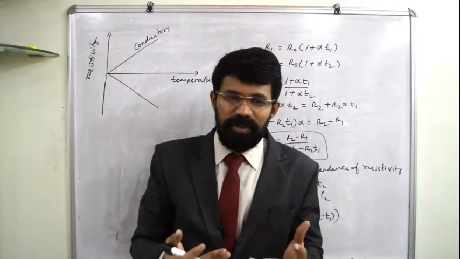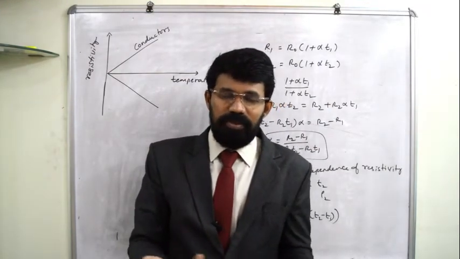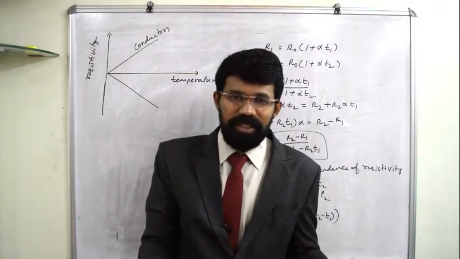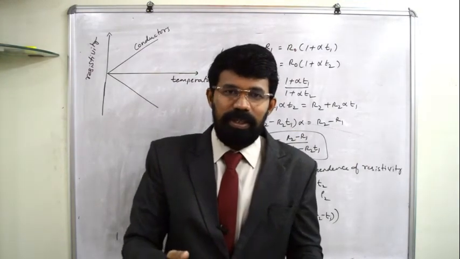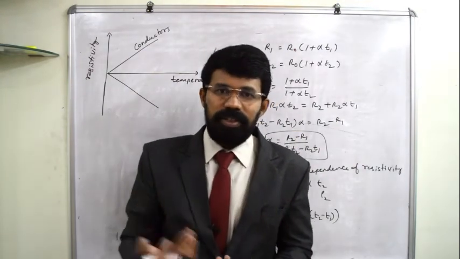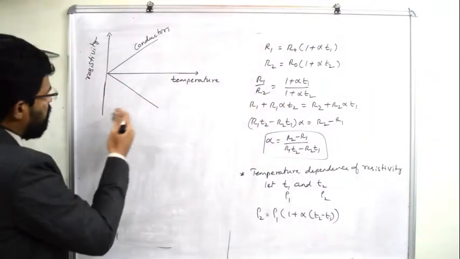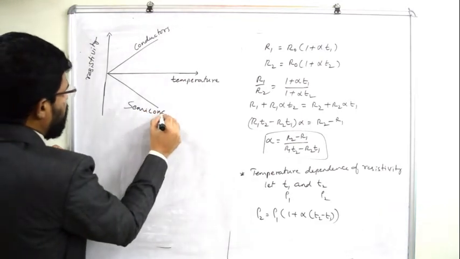If it is able to conduct electricity, you say that resistance has decreased. When the temperature is raised, the availability of free electrons for conduction has increased, so logically you can conclude that its resistance is decreasing. So when the temperature is increasing, the resistivity of semiconductors decreases.